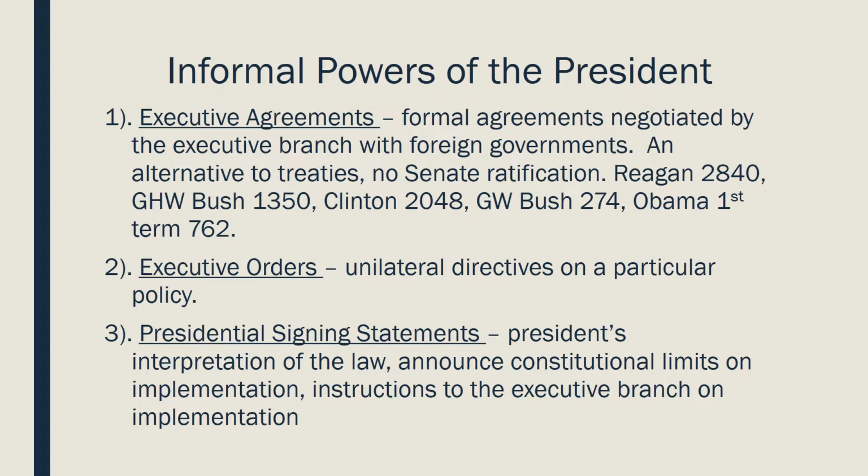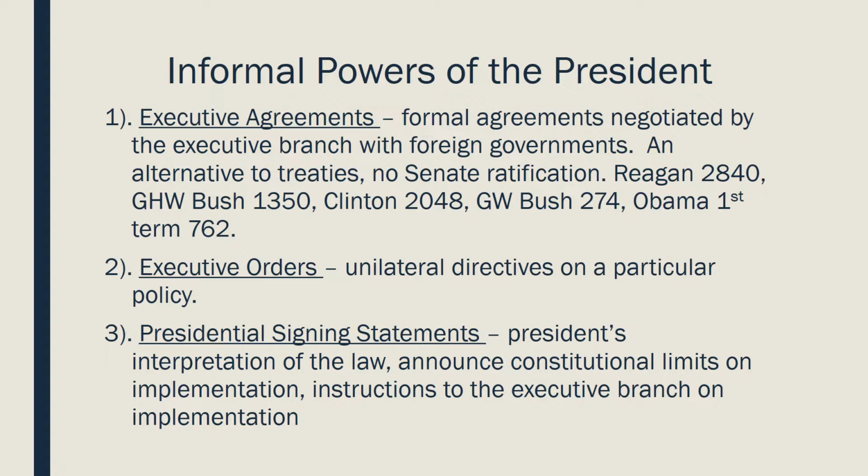Primarily, what negotiations lead to with other countries are executive agreements. These are formal agreements negotiated by the executive branch, be it the president directly or by the State Department, with no Senate approval, no Senate ratification.